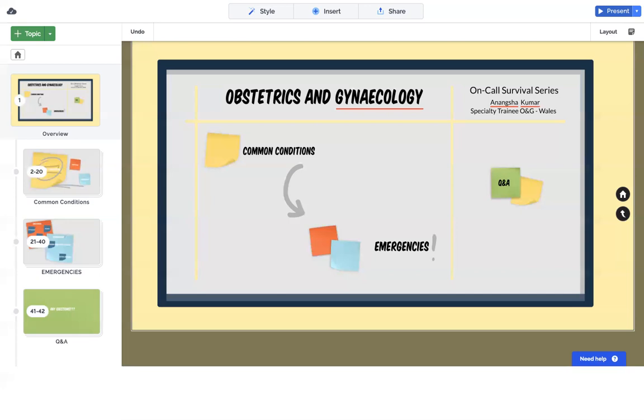Not all trusts will say so, but if the lady has broken her waters, depending on her clinical picture and her infection markers, it's considered safe to give her a course of erythromycin for at least 7 days, and then just stop. That's fine. She can go into labor in a month's time, in 2 weeks' time, in a week's time. And if you feel these ladies are fine, you can generally send them home.